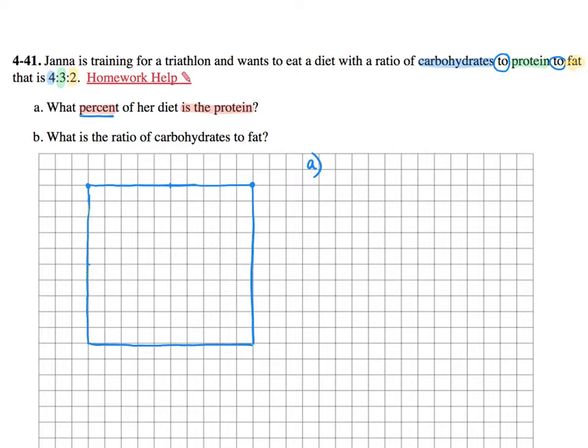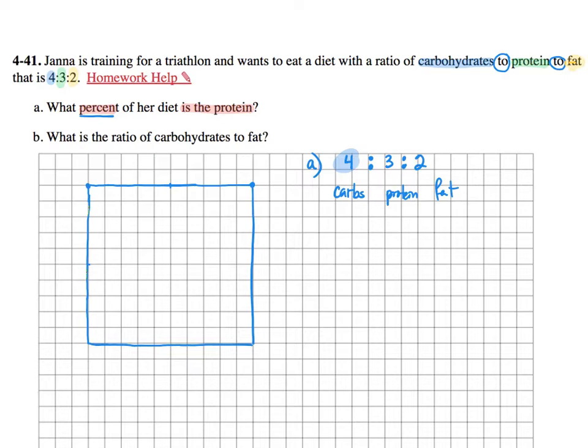Before we find the percent, we have the 4 to the 3 to the 2 given, and the 4 represents the carbs, so I'm going to abbreviate. The 3 represents the protein, so you can abbreviate it as well, and the 2 represents the fat. If I do a visual, the first 4 I can color code using the same highlighting.